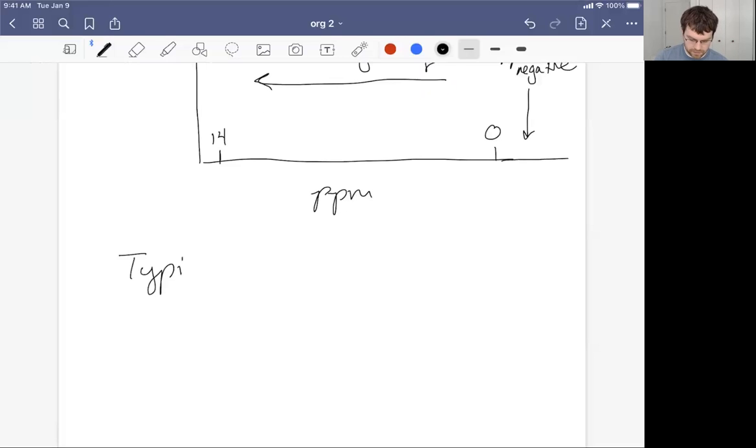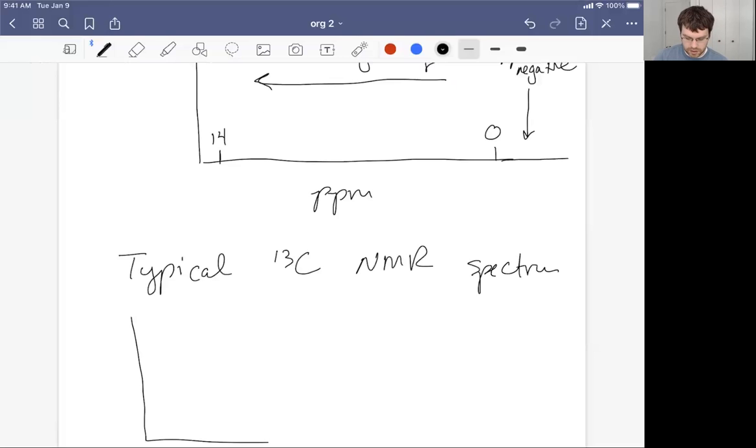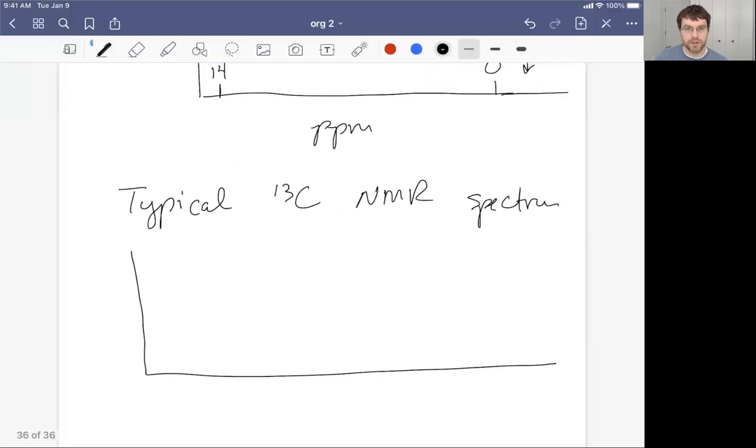In a carbon-13 NMR spectrum, that range would extend to larger numbers, as the carbon-13 chemical shifts can have a much wider range of ppm values. So you would have maybe 300 at the high frequency, or high ppm end, and then the lowest you would see is like -50, where zero is somewhere closer to the right.